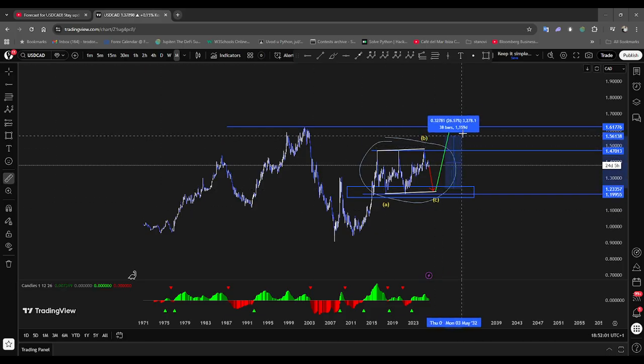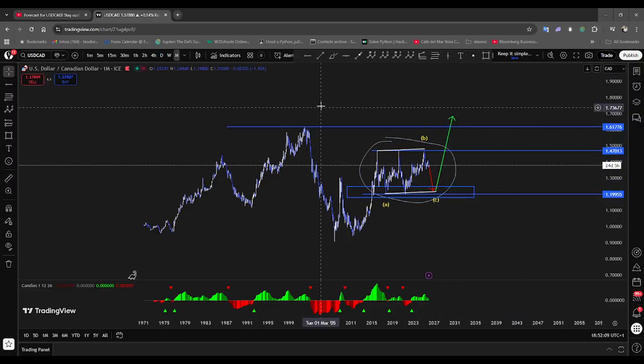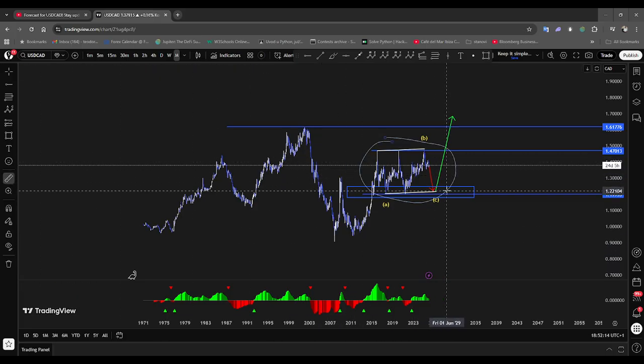have this up move. As you can see, this is a potential of around 4,000 pips. But this trade requires a lot of patience, because this move will last maybe a couple of years, I don't know. You can expect something like this here.